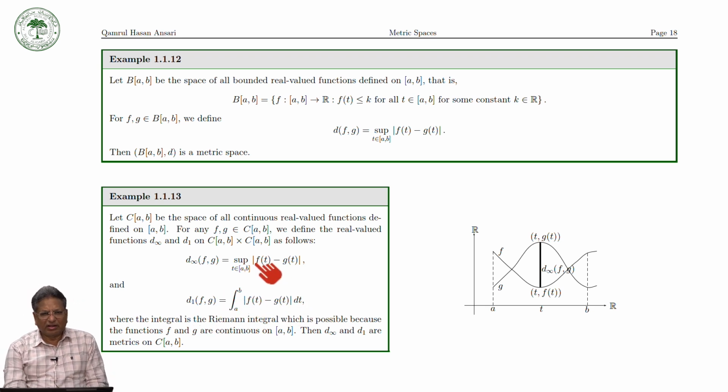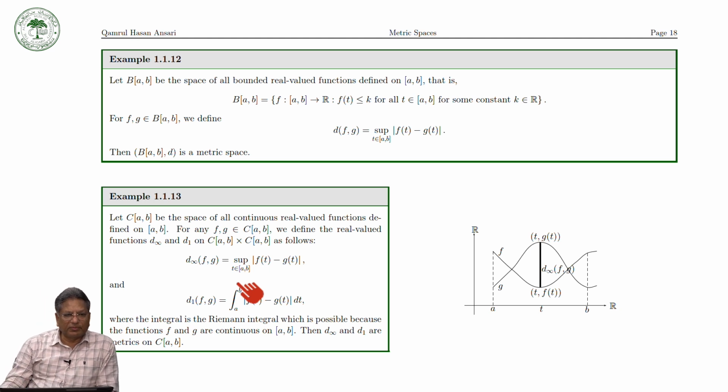Then, by using the property of the mod function, we can prove that these two functions, d infinity and d1, are metrics on C[a,b]. Now what I am saying from the very beginning is: how can we calculate the distance between any two functions?